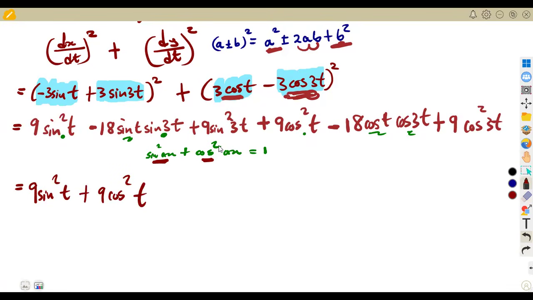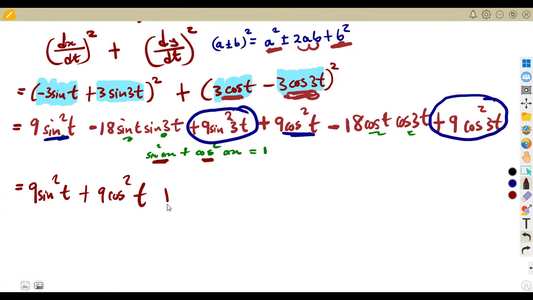Then we've got 9 sine squared 3t, so we take this and this together. We also have this term of a cos, and they can be taken together. So that's plus 9 sine squared 3t plus 9 cos squared 3t.